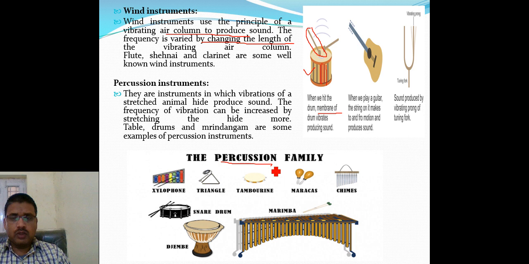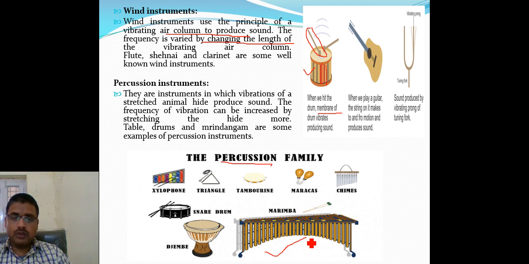You can see all these are some kind of objects which are considered percussion instruments, in which the person has to strike on the basis of their music, and when they strike these things, basically the sounds are produced.